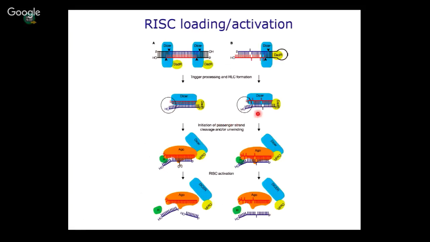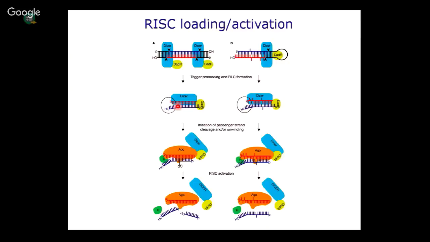Interestingly, RISC loading has some kind of strand preference. It is determined by the stability of one end of the duplex. If one end contains more AU base pairs, it is easier to unwind.